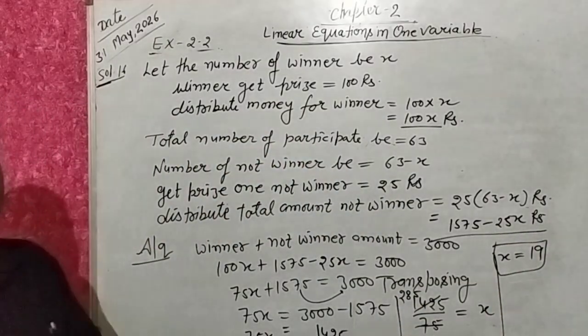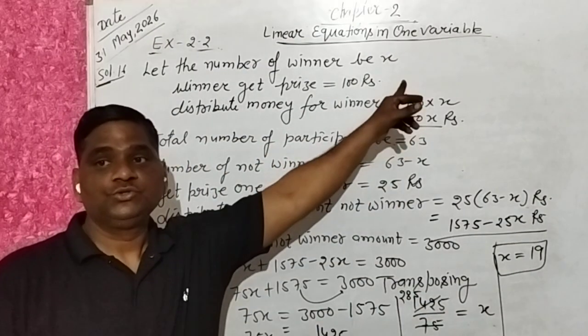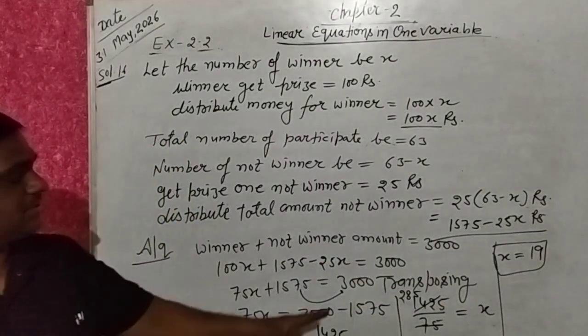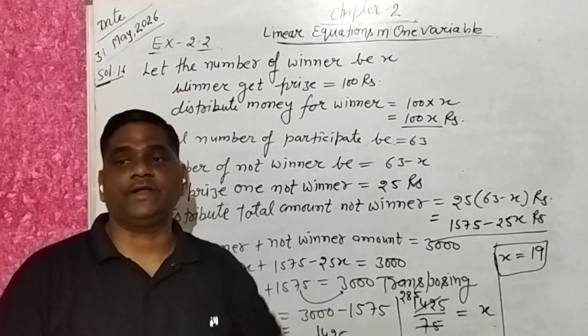Who is x? Winner is x. And 63 minus x is equal to non-winner.